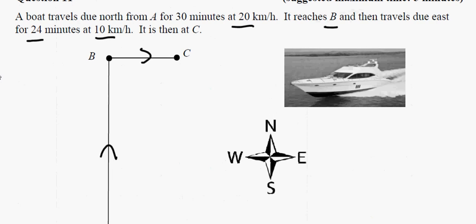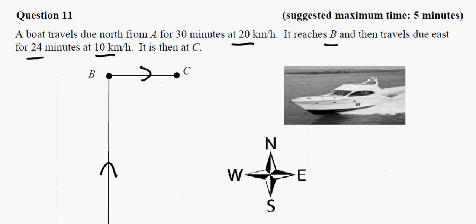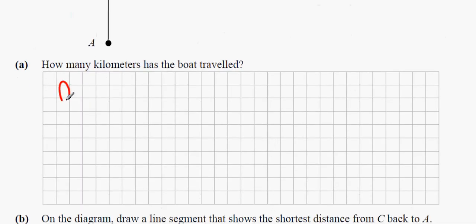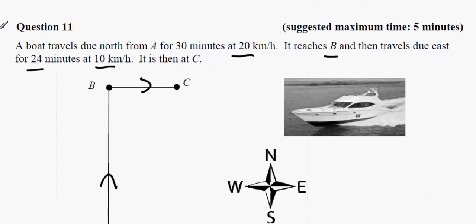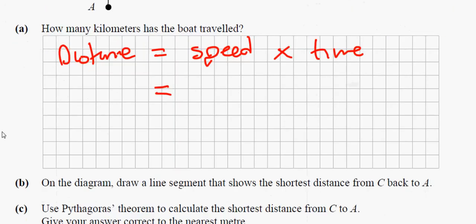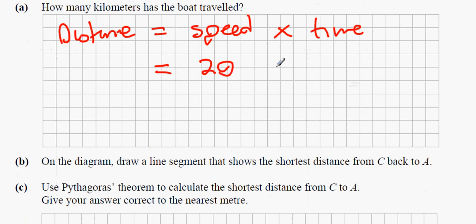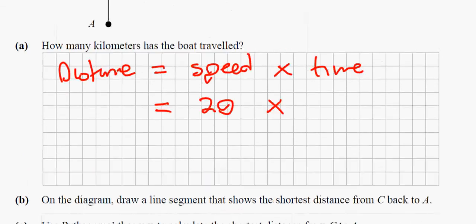So what we've got to say is that the boat here travels at 20 kilometers an hour. So you've got to do distance equals speed multiplied by time. The speed when it's going up to B is 20 kilometers an hour, multiplied by only 30 minutes.